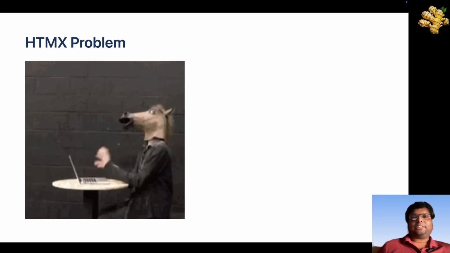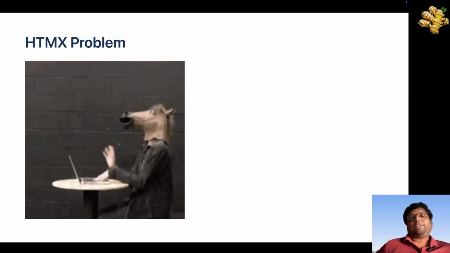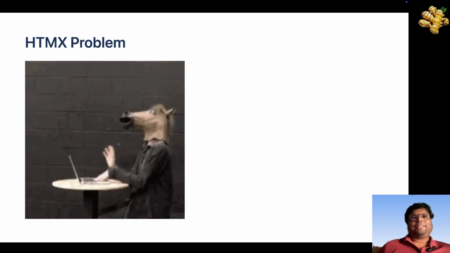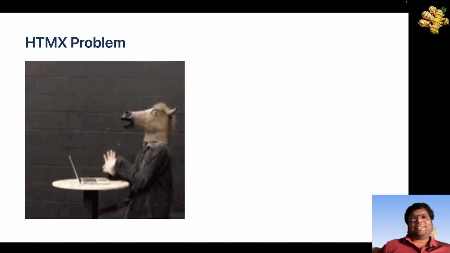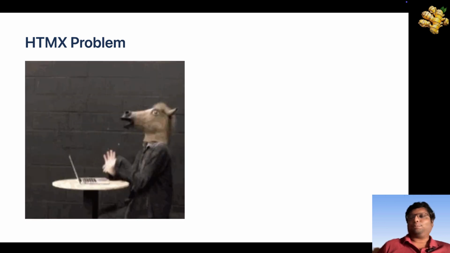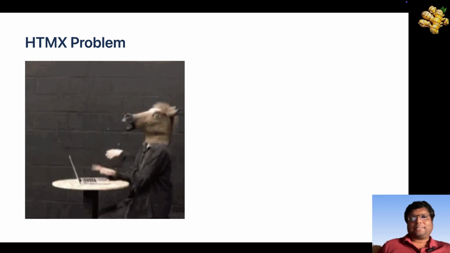One problem with HTMX is that you can mark up a page with HTMX tags, but you still need to know the backend. So if a person knows HTML and HTMX, he still can't do a POC with some kind of backend.